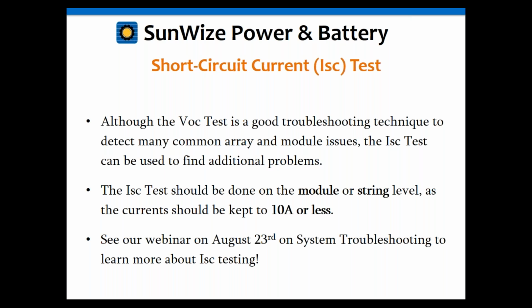So generally we tell people to do the ISC test on just the module or string level, because you want to keep that current to 10 amps or less. Most multimeters are only rated to 10 amps. You want to keep the current down to that so that there are no problems with damaging your meter, and it also minimizes the arc, because the arc when you do that is going to be pretty big. So that's also a safety hazard. I'll talk about that more when we talk about the test, but there are additional things that you can find with that test.